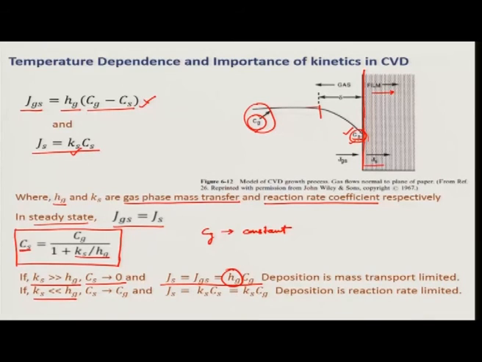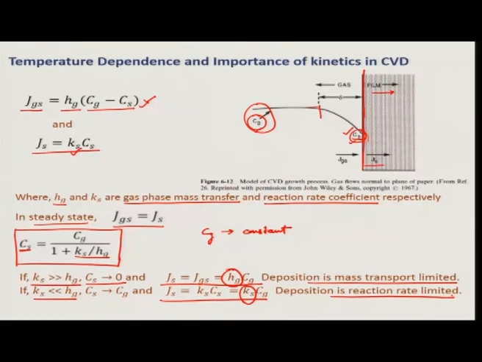So, these two concentrations over time will become equal. If that happens, my thin film growth rate, or the flux which is being converted into thin film, will depend on reaction rate. So, in this case deposition is mass transport limited, and in the other, deposition is reaction rate limited.